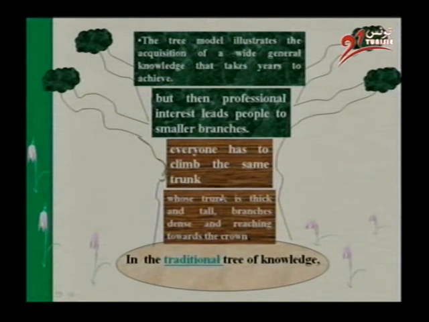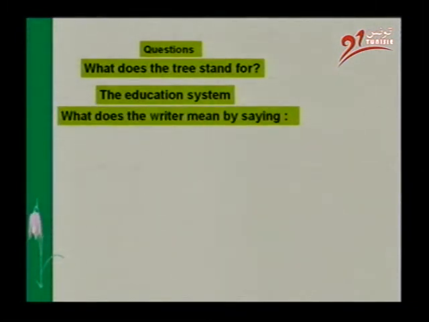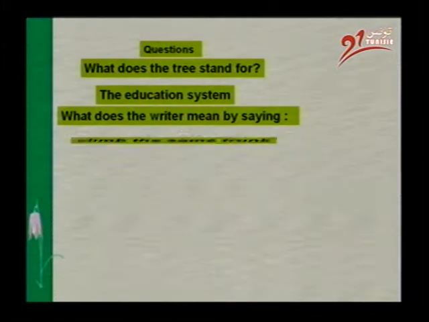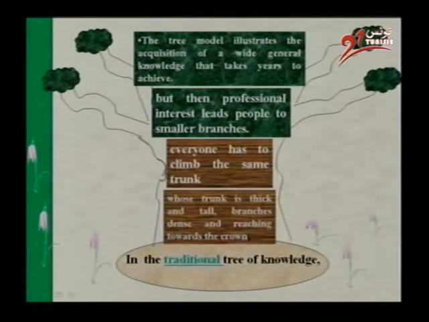You can deduce that here, if I say knowledge, then we speak about the education system. Okay, right. The education system here, there is another question, for example, what does the writer mean by saying climb the same trunk? If you compare it with speaking about education system and climbing the same trunk, which means, can you think about it?